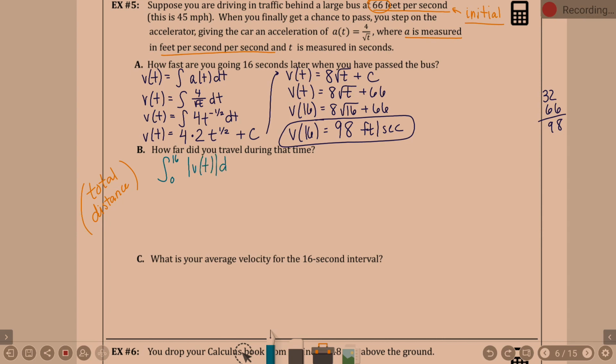There's your general starting point. Now, we know V of t, so it's going to be the integral from 0 to 16 of the absolute value of 8 square root of t plus 66 dt.